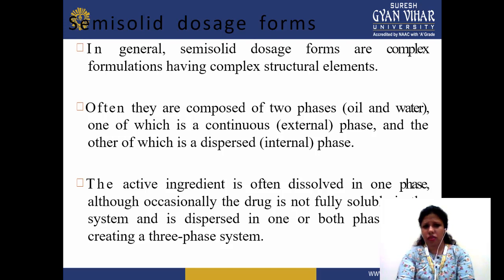So semi-solid dosage forms means one phase should be solid in this case, and the other phase may be oil or maybe water. The active ingredient is often dissolved in one phase, and although occasionally the drug is not fully soluble in the system and is dispersed in one or both phases, thus creating a three-phase system.